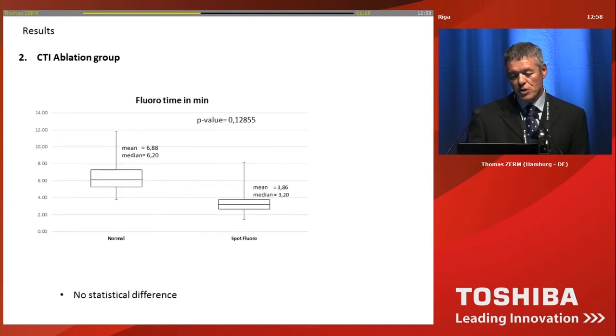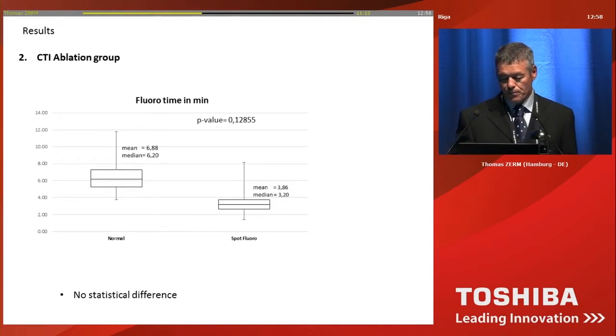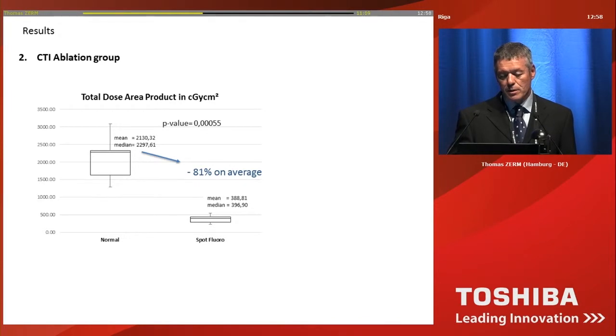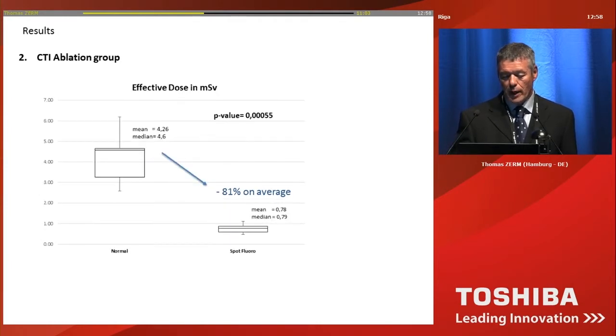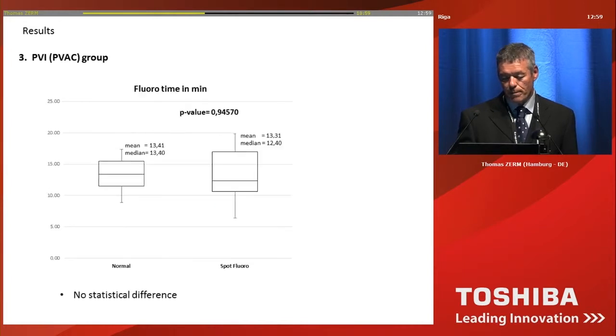In the atrial flutter group, there's also no change in the fluoro time, but a significant difference in total dose area product and in the effective dose measured in millisievert.